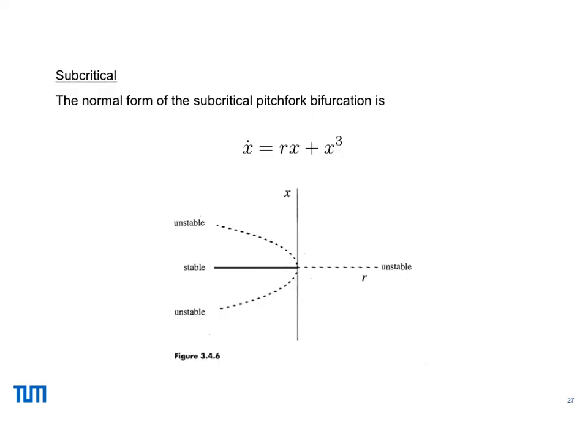Now here we have a big difference, and this big difference is just given by one sign. Changing this sign from negative to positive changes this picture. Now we have the origin that is stable, but two fixed points that are unstable, and they collapse, and then you have just an unstable fixed point at the origin.